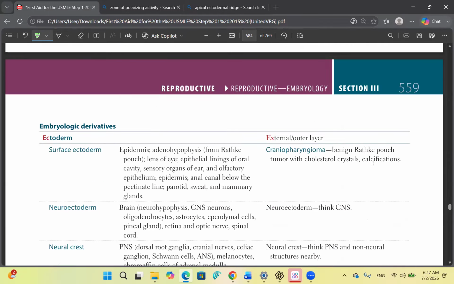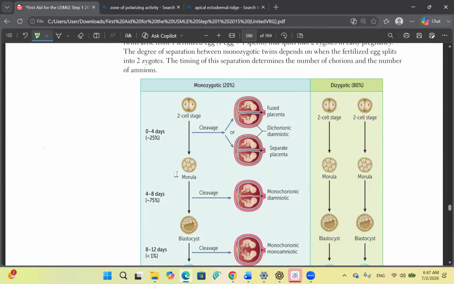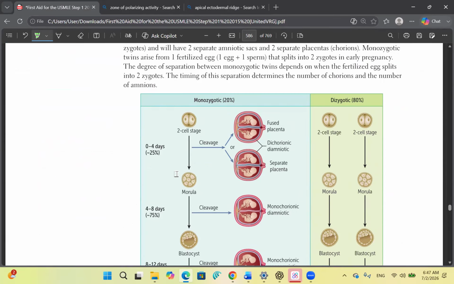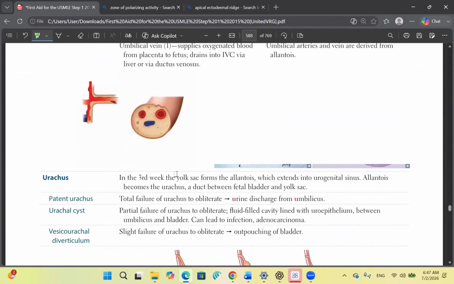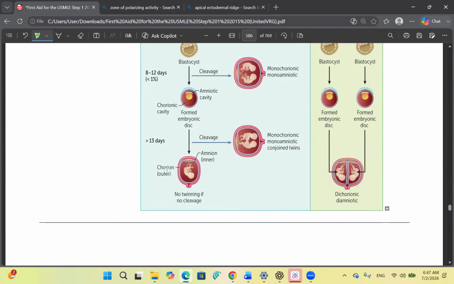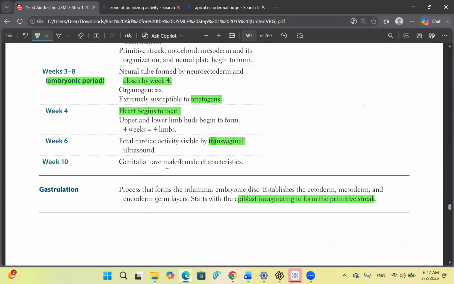So, like, the epiblast. Looks like there are no diagrams here. Okay, these are for the twins. Looks like there are no diagrams here. Wow.